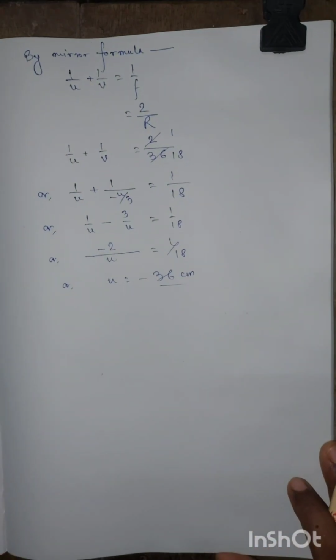That means the object is placed in front of the convex mirror and the distance of it from the mirror is 36 centimeter.